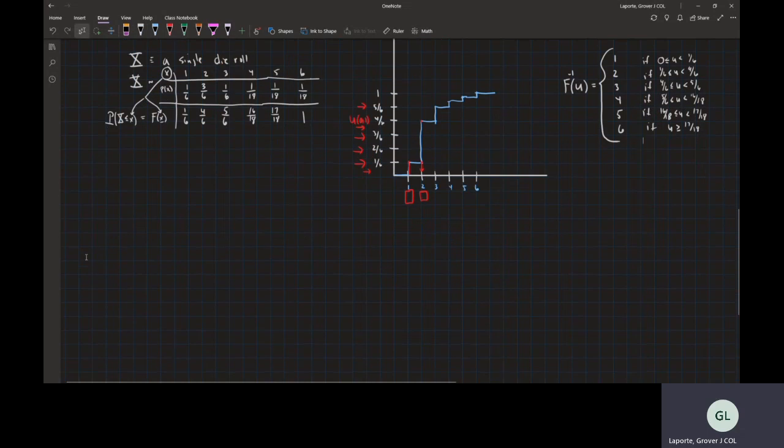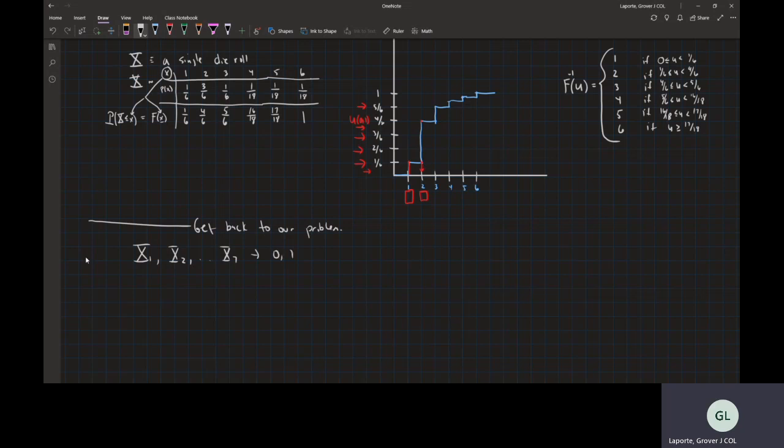Okay, so let's get back to our problem. We're going to use the one that we just talked about. So I'm going to create 7 random variables, x1, x2, through x7, that have a 0 or a 1.